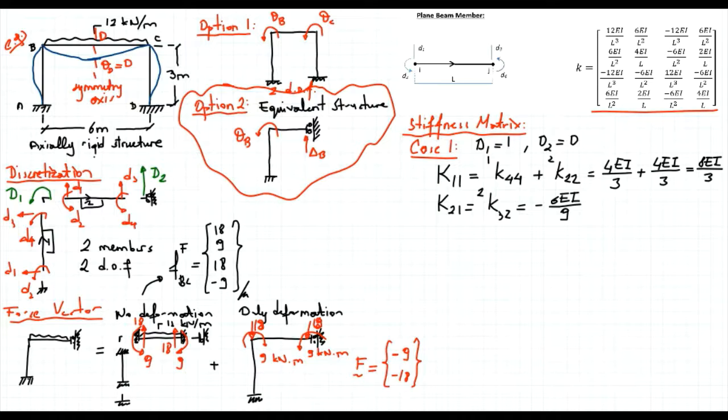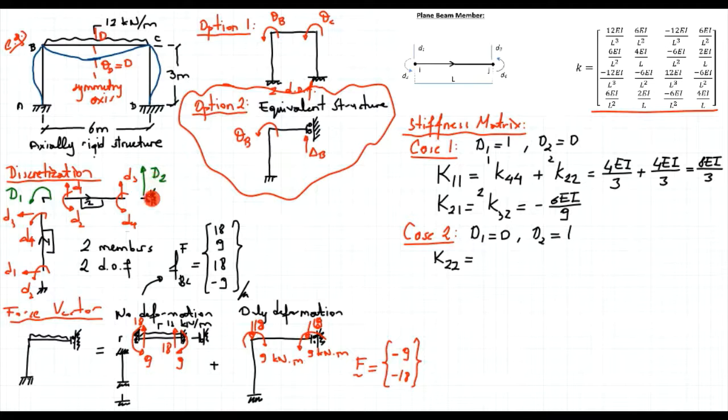Now let's do the same thing for the second case. Case 2. Now the rotation D1 is equal to 0. The translation D2 is equal to 1. So let's first determine K22. Again, let's come back to this figure. I want to create a unit translation in D2 direction.